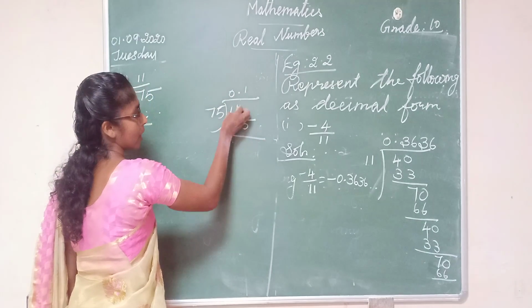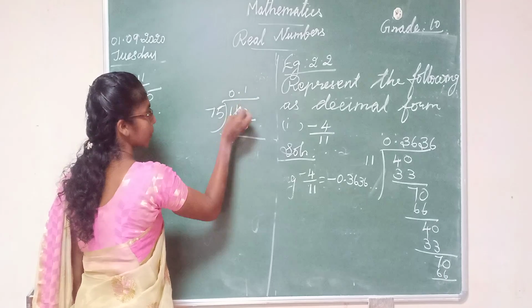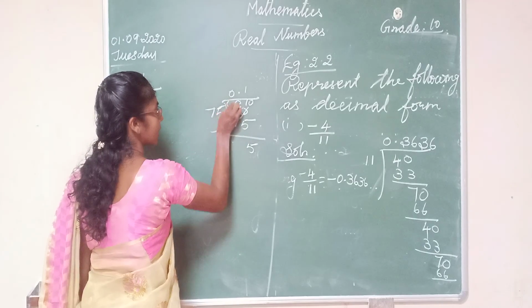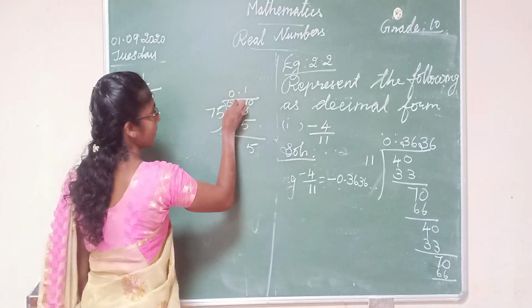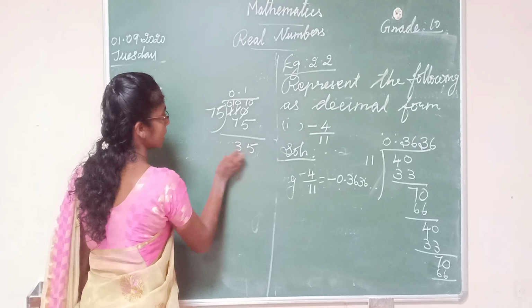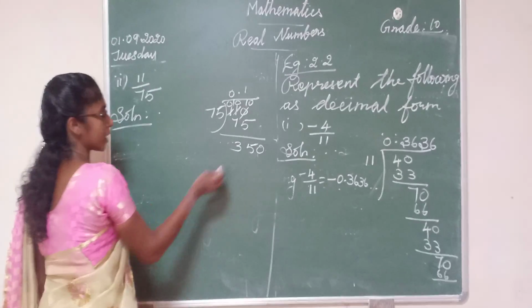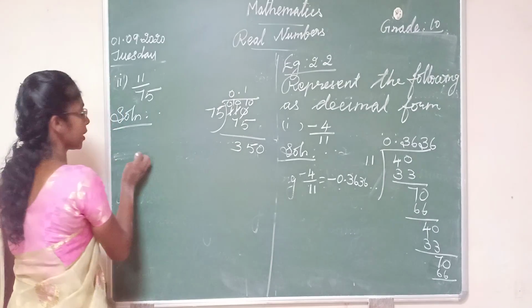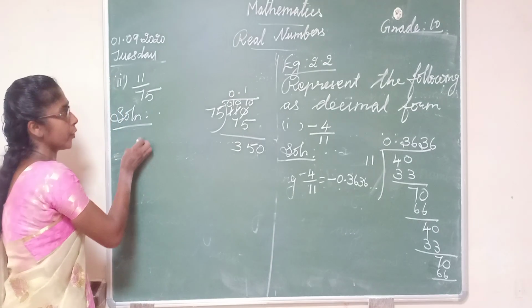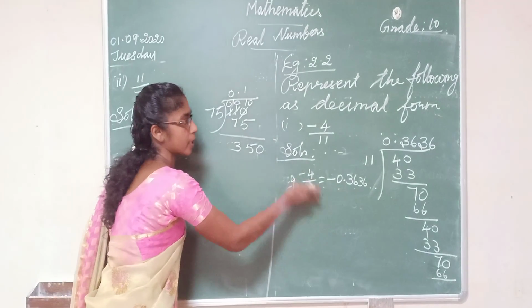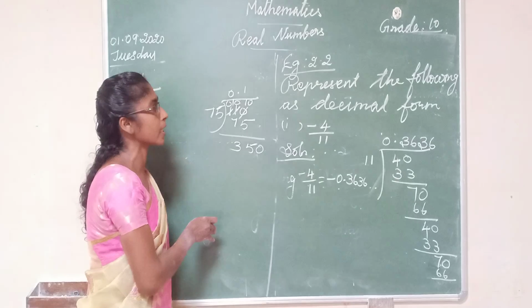Next borrow it and do that 0. Next 10, 5. Next 0. Here what will we get? Then 3, 35. Next again 0 will become. Continue this and find out the answer. Same procedure. Continue this and find out the answer.